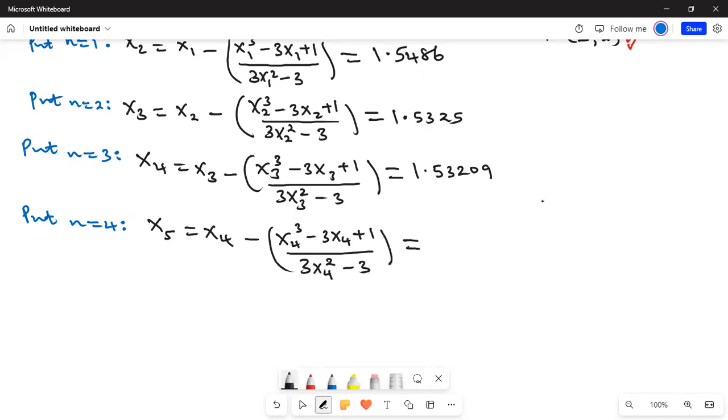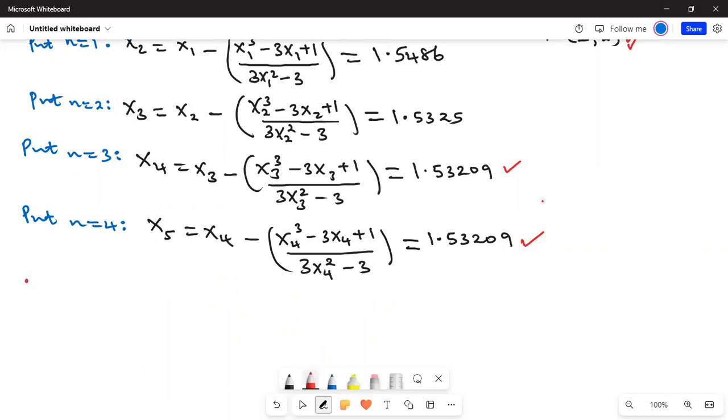Press that, you get 1.5320. Now, what do you realize? That the value of x4 is the same as the value of x5. So it means even if you proceed to x6, x7, etc., you're going to get the same value as 1.53209, correct to 5 decimal places.